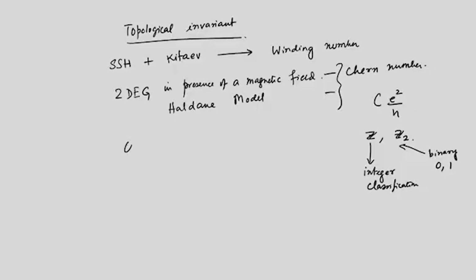You have to do it again in order to have another winding, and so on and so forth. Okay. The Z2 invariant of course is the quantum spin Hall insulator that we have seen recently. Okay. So, this is the quantum spin Hall insulator. The Kane-Mele model corresponds to the Z2 invariant.